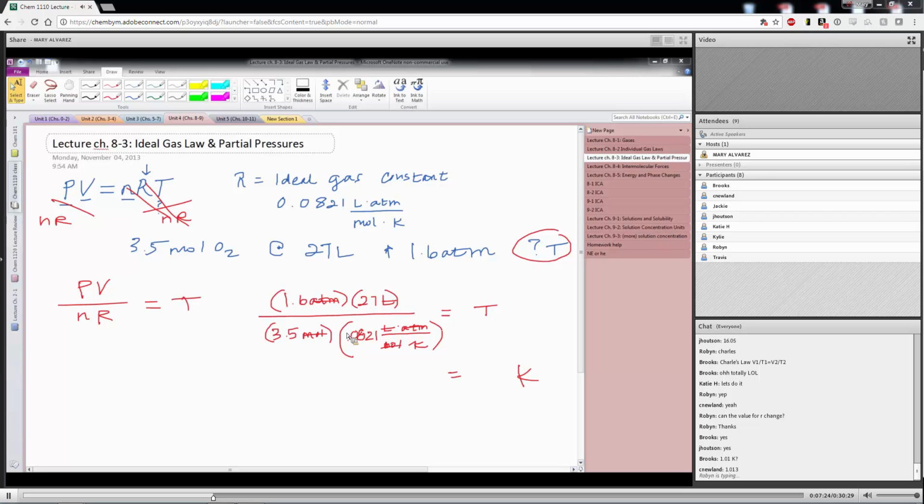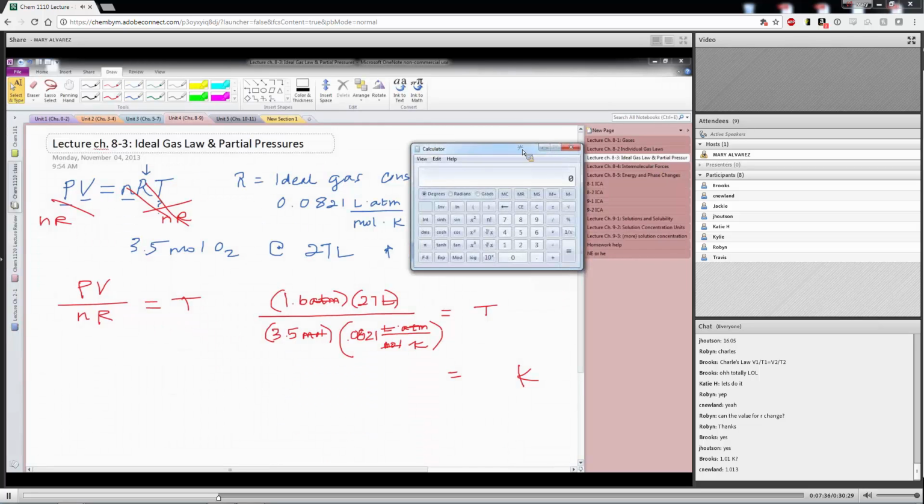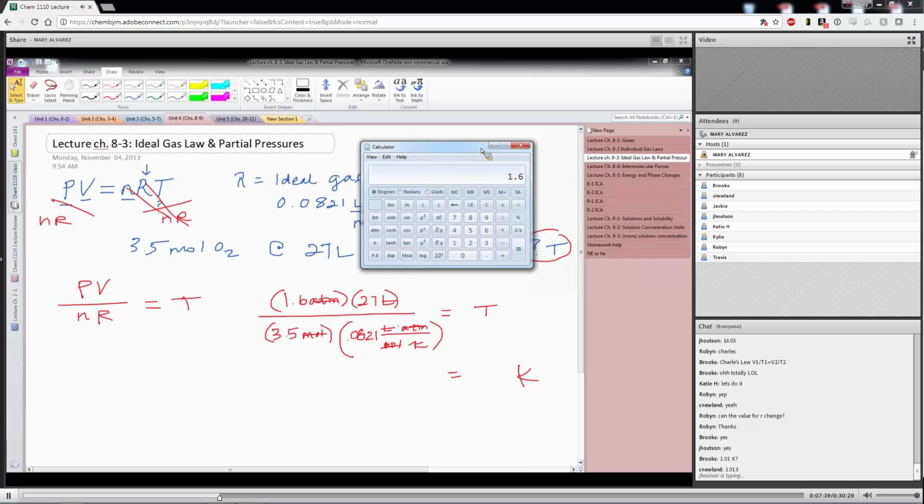I think you might have dropped a 0. 1.6 times 27 divided by 3.5 divided by 0.0821. Okay, I'm getting like 150. You guys, all three of you got a 1.01? Yeah.